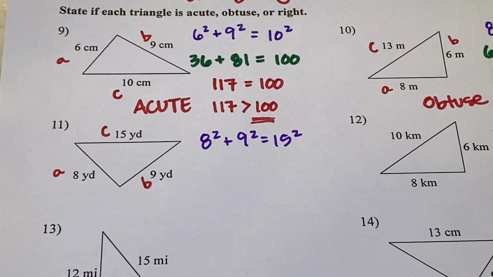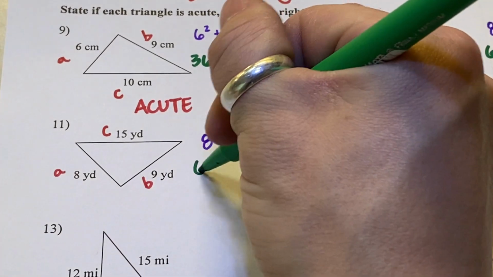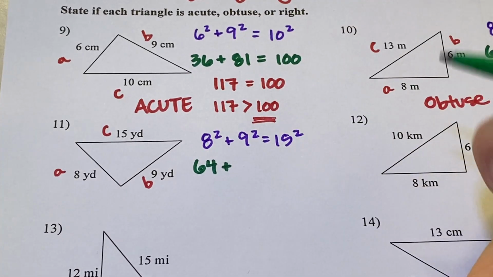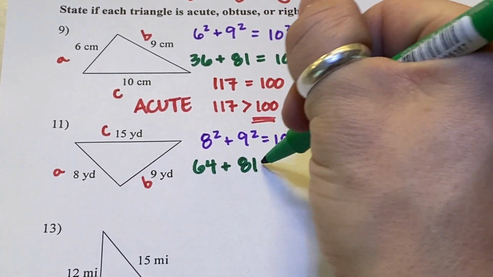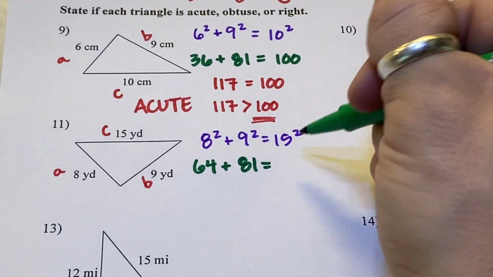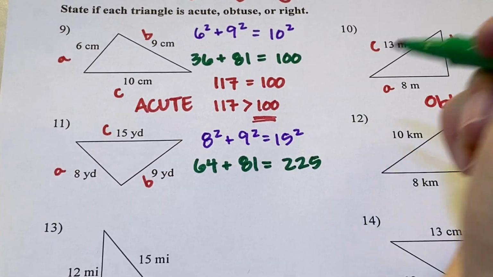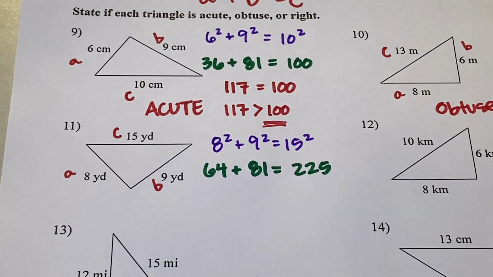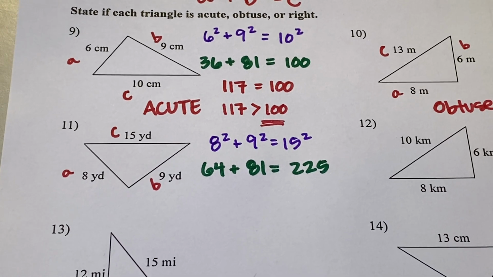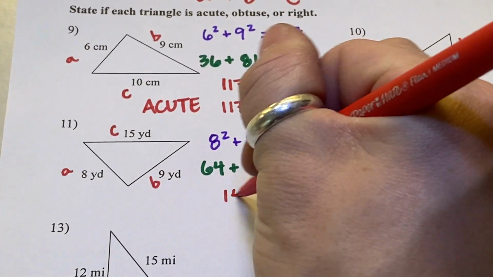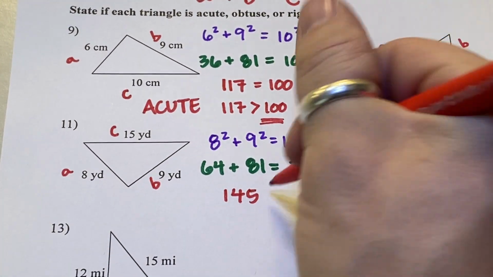8 squared, what do we get? 64. 9 squared? 81. 15 squared? 225. Okay. Oh, that's big. What is 64 plus 81? Come on, Leo. 145. Nice. His mental math is so good.